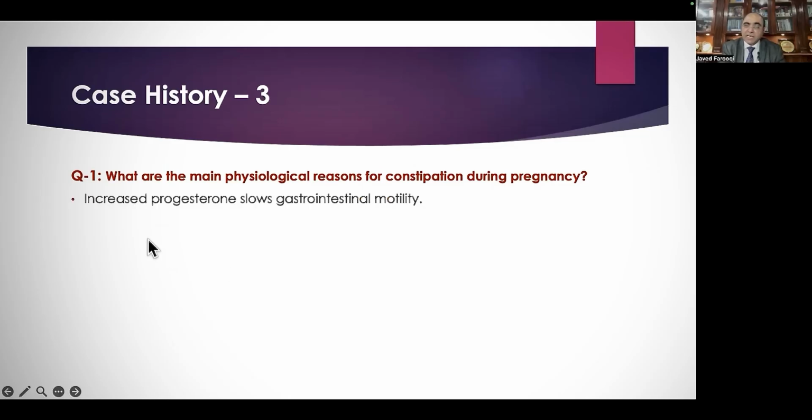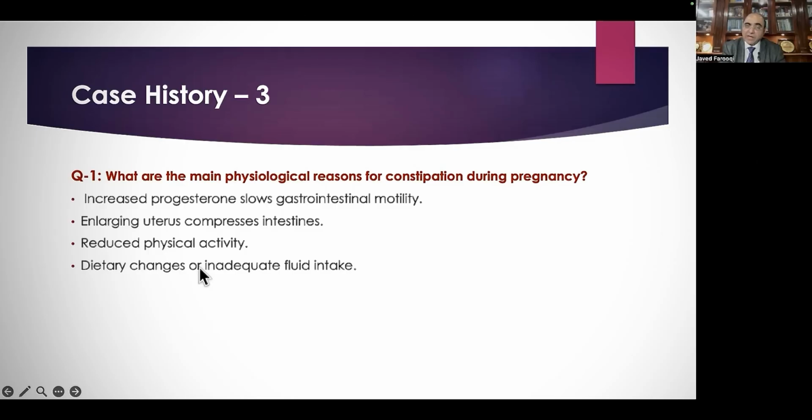Answer is increased progesterone slows gastrointestinal motility, enlarging uterus compresses intestines, and there is reduced physical activity, and dietary changes or inadequate fluid intake. All these lead to development of constipation during pregnancy.